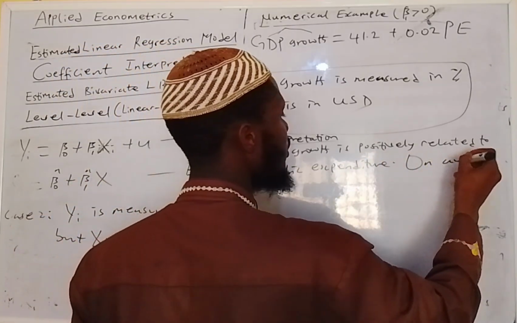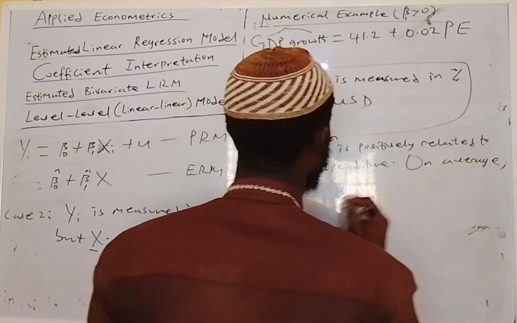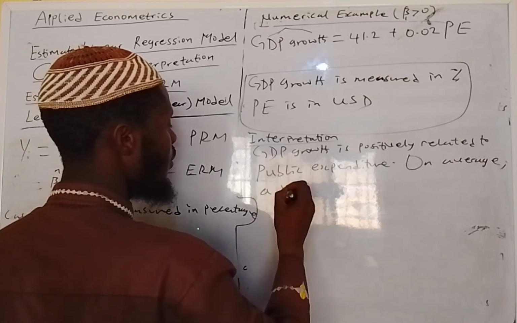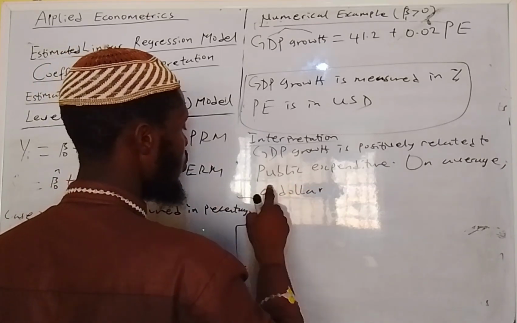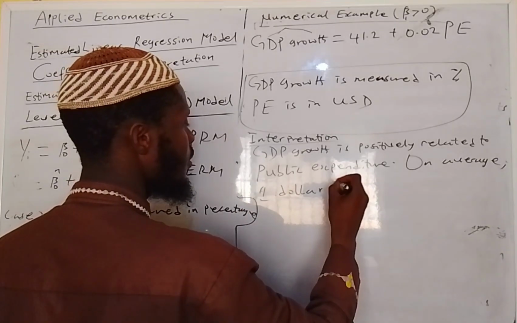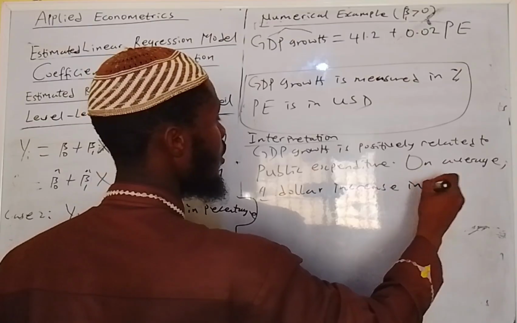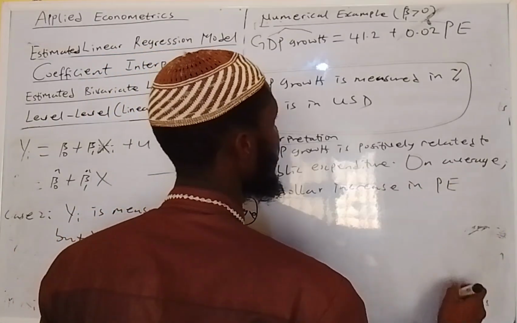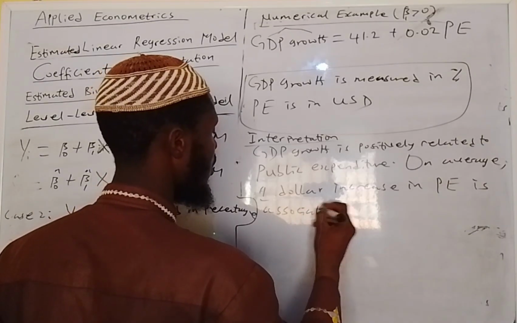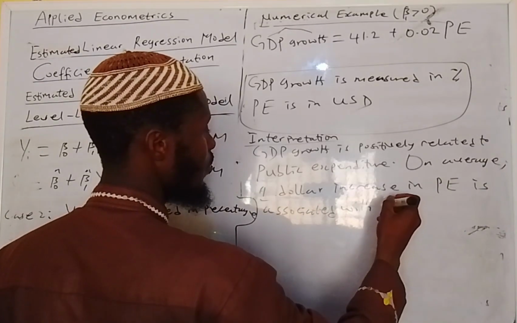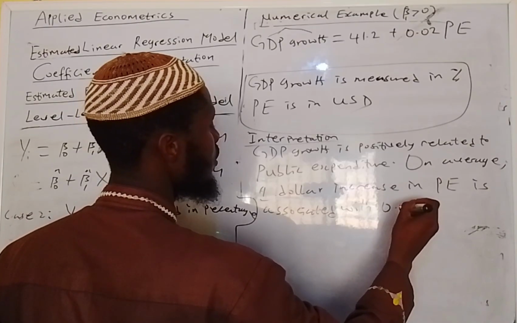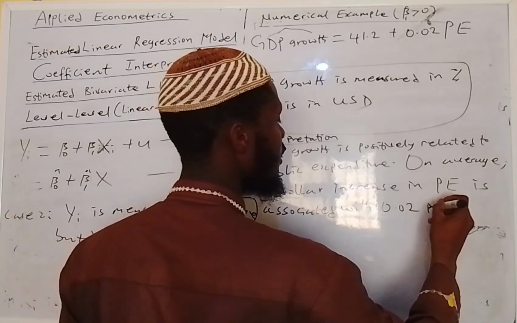So therefore, on average, a dollar increase, that is $1 increase, in public expenditure is associated with 0.02 percentage point increase in GDP growth.